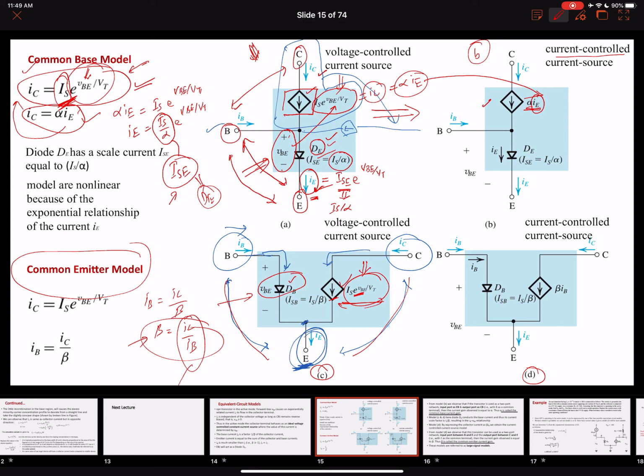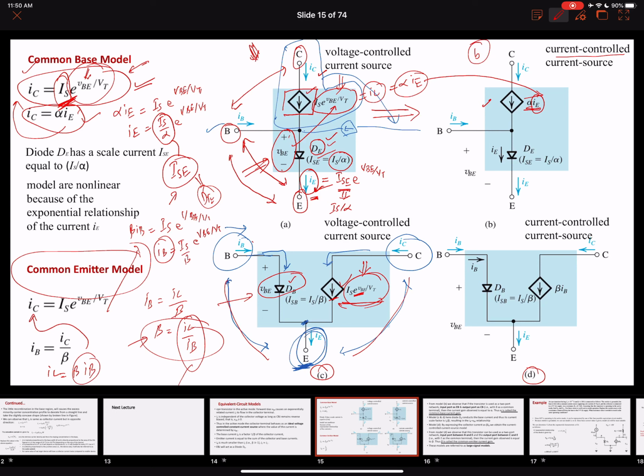So this is our common emitter model, and if we replace this factor, IC equals beta times IB, then beta times IB equals IS e^(VBE over VT), so IB equals IS over beta e^(VBE over VT). So this is the base current that is flowing.